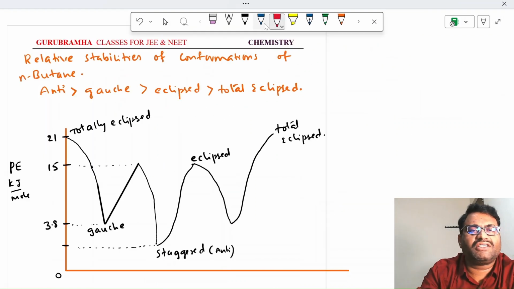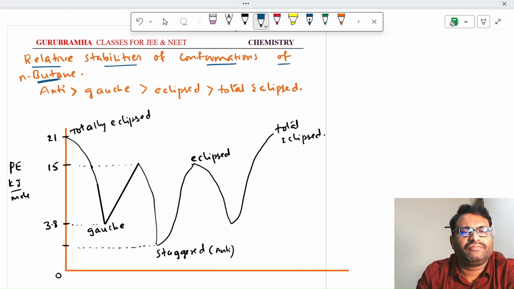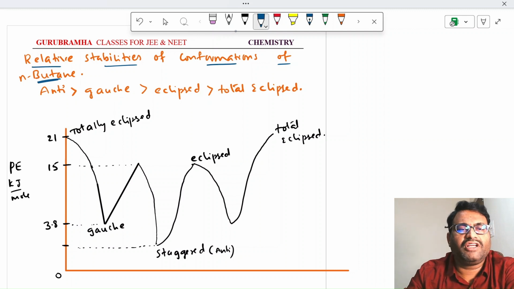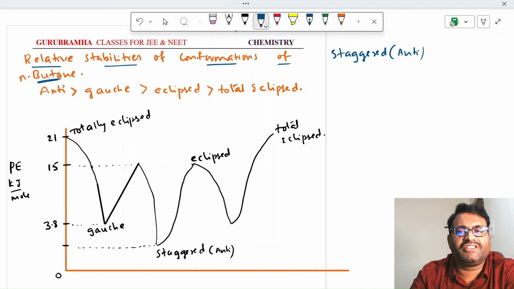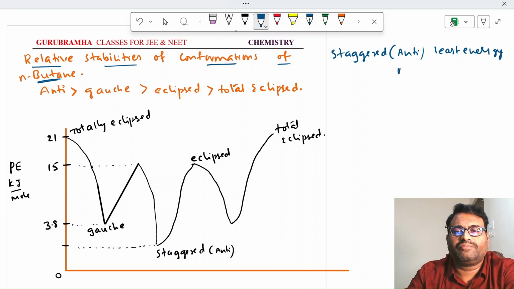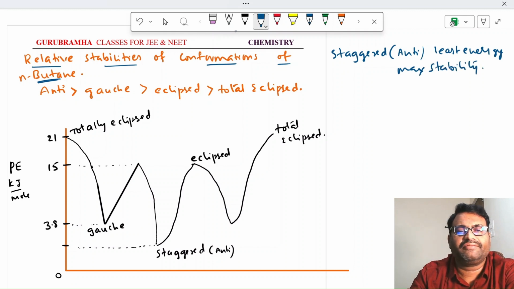So let us discuss the relative stabilities of conformations of n-butane. The highly stable one is staggered, which is also called anti. It has the least energy, maximum stability.